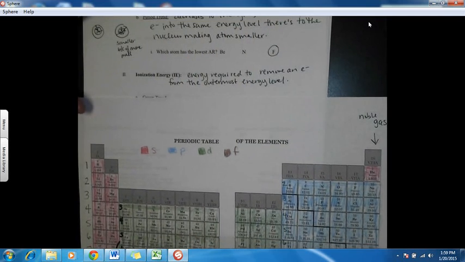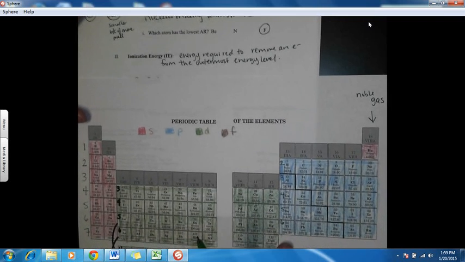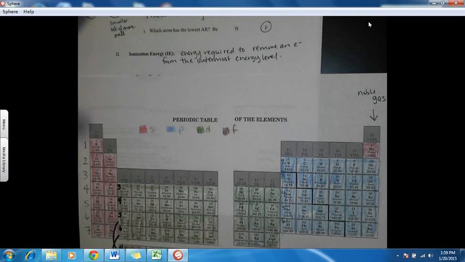And in one of the videos, a couple of videos ago, we talked about how we make ions, and that we form ions by either adding or taking away electrons. And so we do that in order to achieve a noble gas configuration, because noble gas configurations are very stable. Having that full energy level makes it very, very stable.